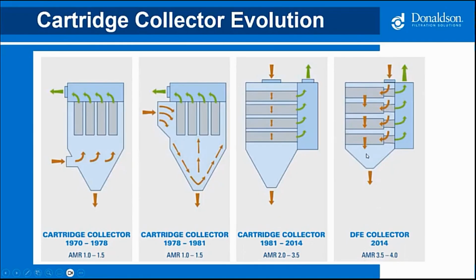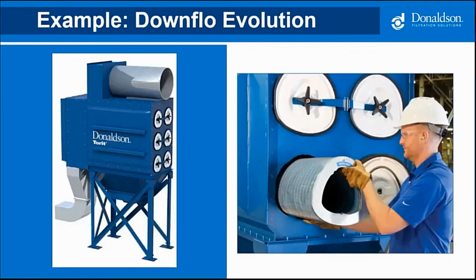So now I can do the same job with this collector with fewer filters than I could with this collector here. But the good thing is, everything that I've talked about, Donaldson was the first one to create and pioneer. Opposition has copied and followed every step of the way. So we're glad to say that we have had our hand in this, and it is still part of our design unless we elected to rationalize.